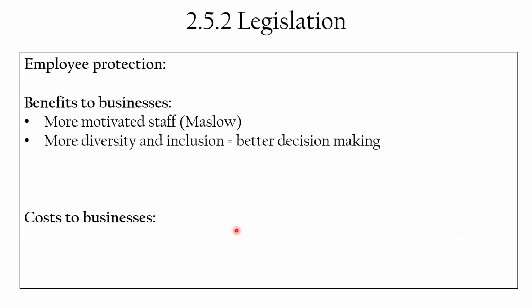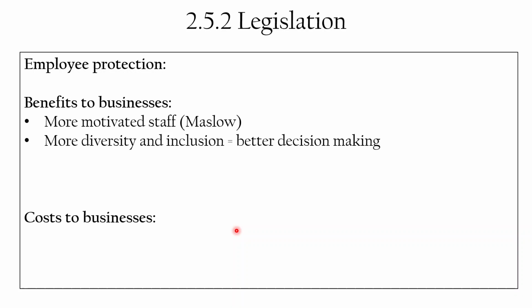The benefits to businesses of following, for example, the Equality Act is that there should be more diversity and inclusion, which can lead to better decision making. Having a range of employees with different views and different life experiences contributes towards better decisions being made within the organisation.